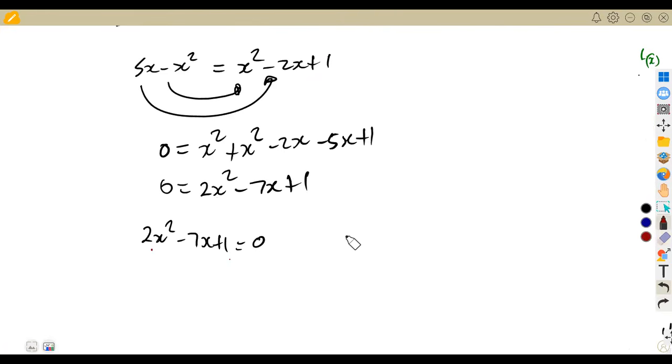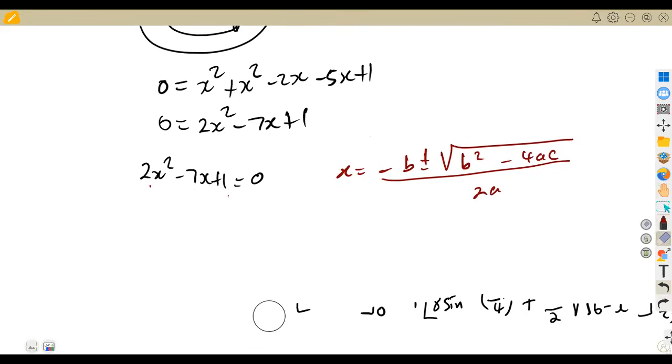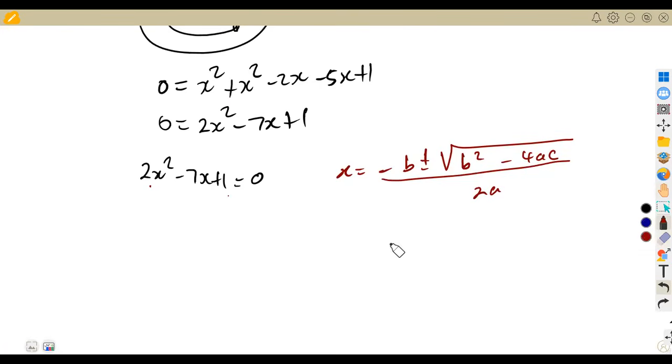If we are to use our quadratic formula, remember x is equivalent to negative b plus or minus the square root of b squared minus 4ac over 2a. So you can just substitute our values in this case, so we can calculate for x. From this part, we've got our a, our b, and our c. Our b is negative 7.